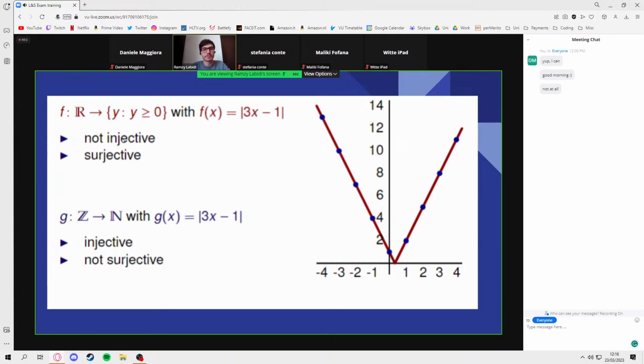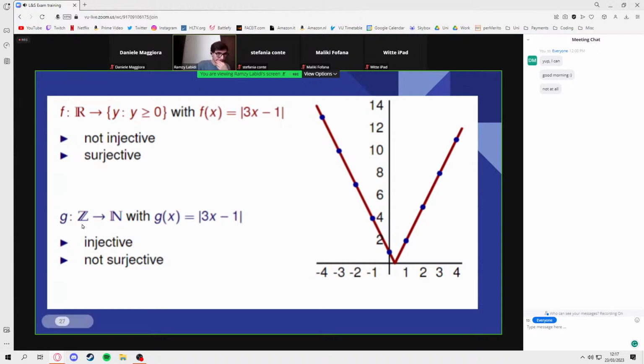Therefore, it won't be injective, because there are different x's that produce the same y. So you cannot say it's injective. And surjective, we can say that, because the entire range of 3x minus 1 is covered here.